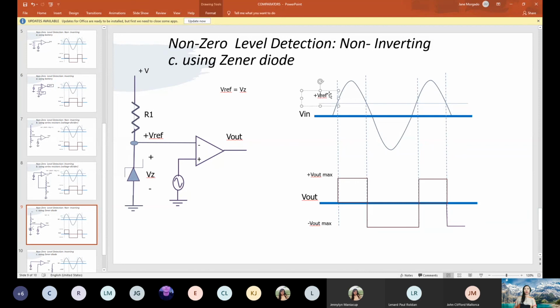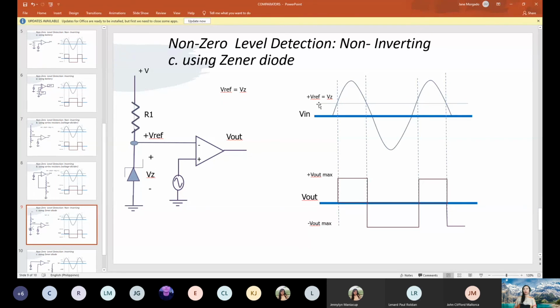So this is a non-inverting comparator. Why? Because you have your input voltage connected at the non-inverting input. And this is also a positive Vref because the Zener diode is connected in reverse bias, so it exhibits a voltage equal to positive Vz.